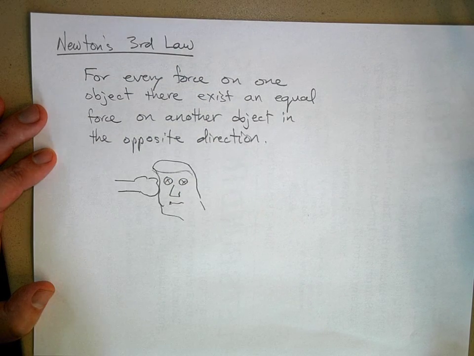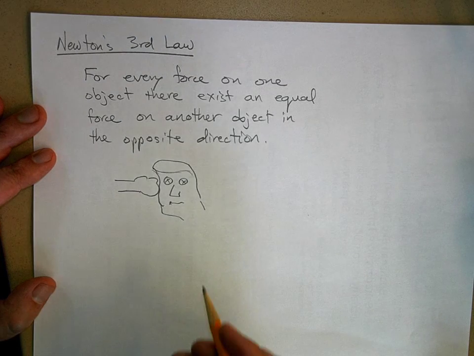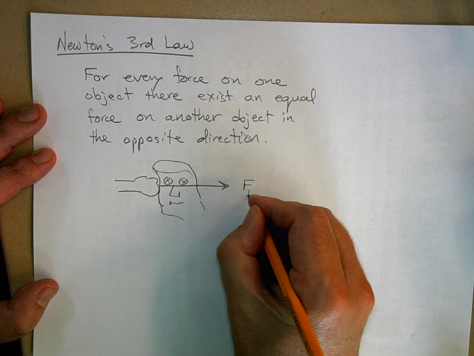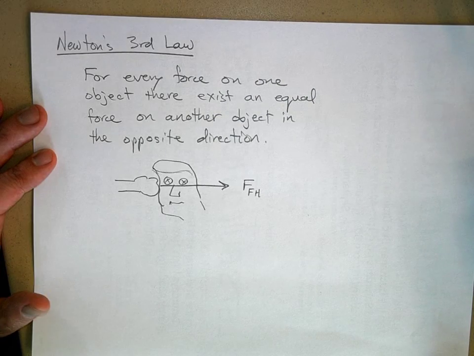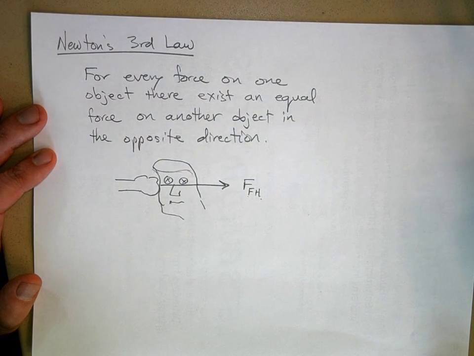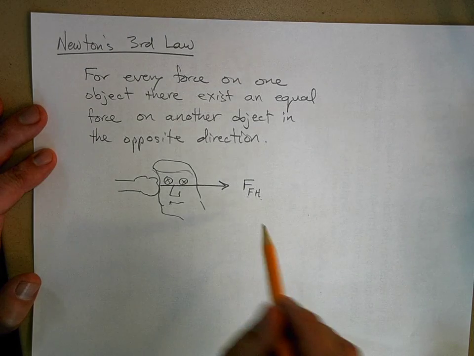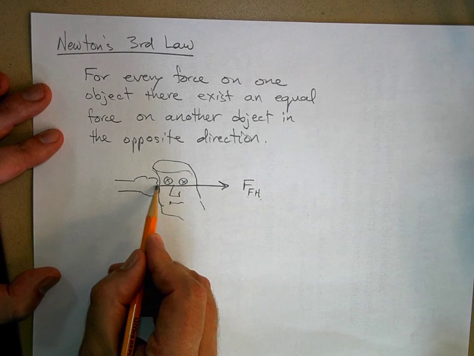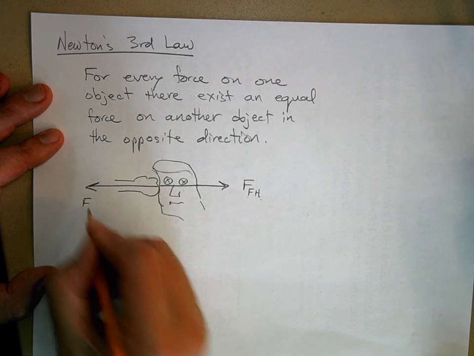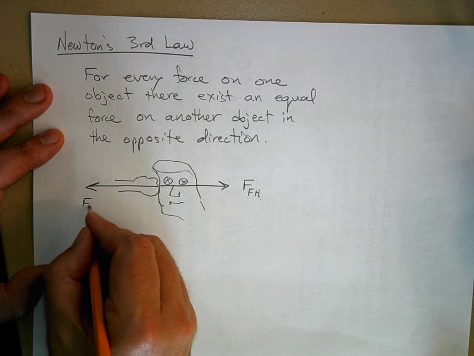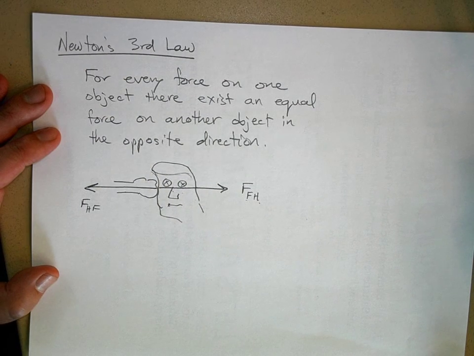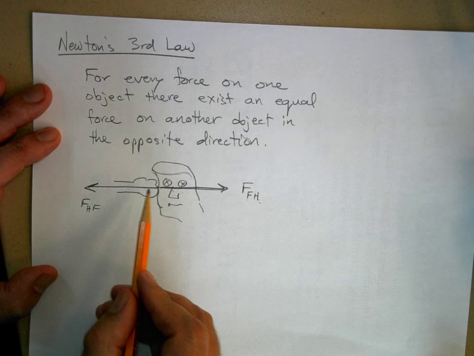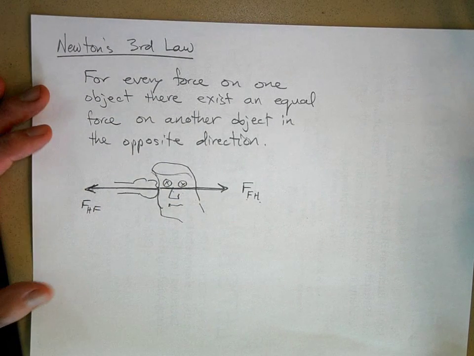There's a force, and this is the force of the fist on this person's head. But then there exists an equal and opposite force, and this is the force of this person's head on their fist. And they're equal and opposite. For a force on this object, there has to be a force on this object. This is a law of nature.